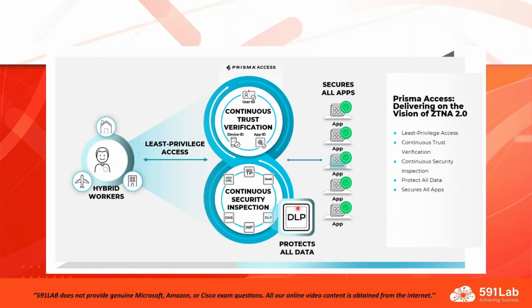We can always protect all the data because of the inspection that Prisma Access does, and even increase the performance of user access to the resources because there are no bandwidth constraints on the Prisma Access solution when accessed from the hybrid workers.